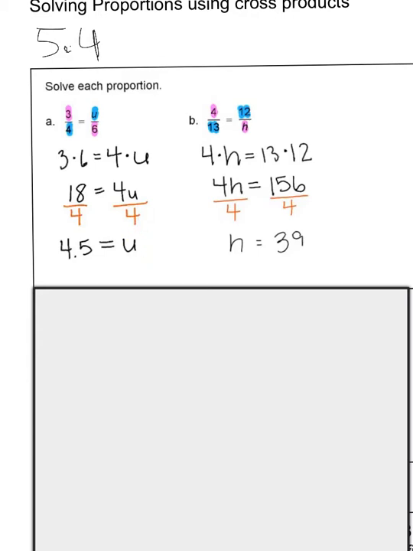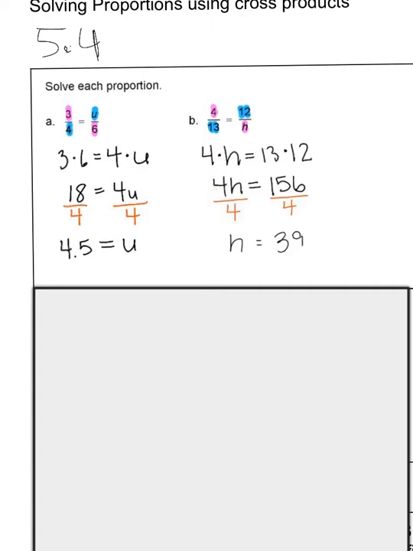All right, let's look at another example. So first thing that we have to do is set up our equation by cross multiplying. So we have 4 times h, that equals 4h. And we have 13 times 12 right over here. Cross multiplication. 13 times 12 equals 156. And 4 times h equals 4h.